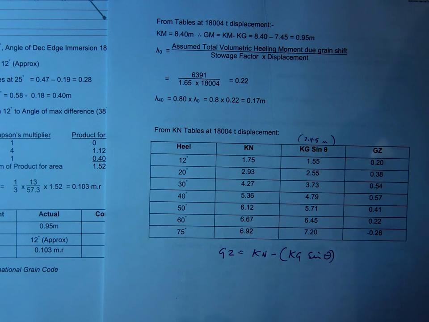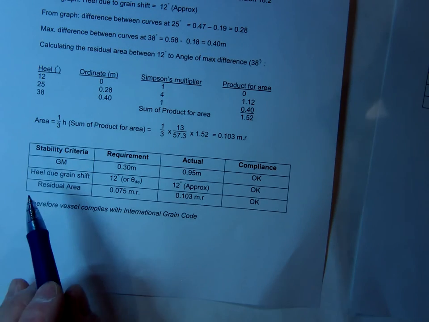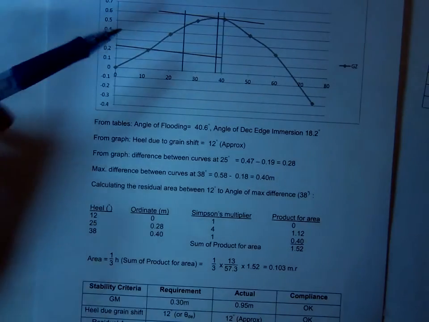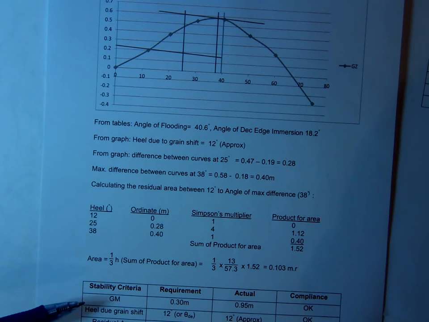So as things stand, the first two values, the GM, which we obtain with our final displacement, KM and KG, and our heel due to grain shift angle, which we got from the table, we now know the first two criteria are fine.